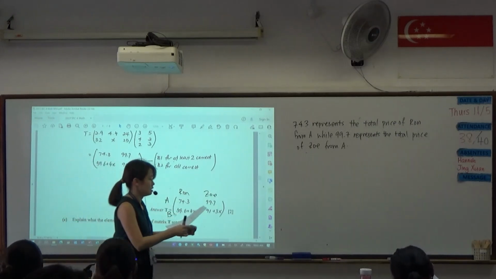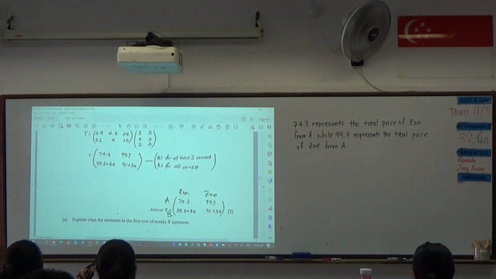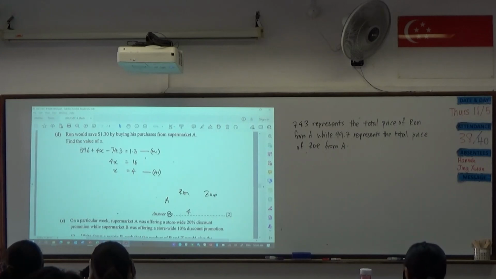Therefore, when forming the equation, we should be getting this, and hence x equals 4.